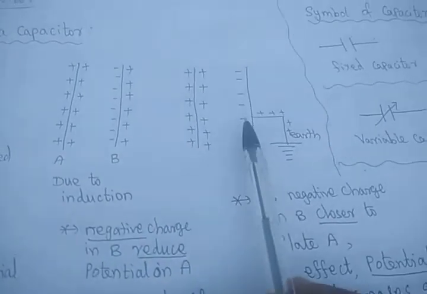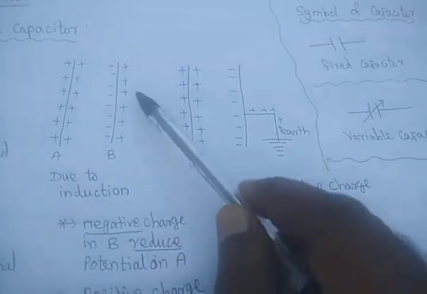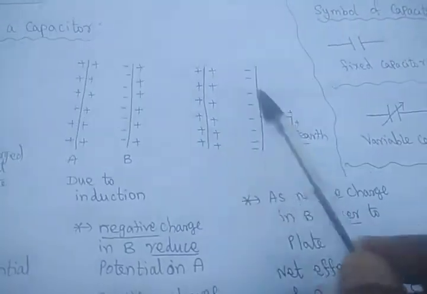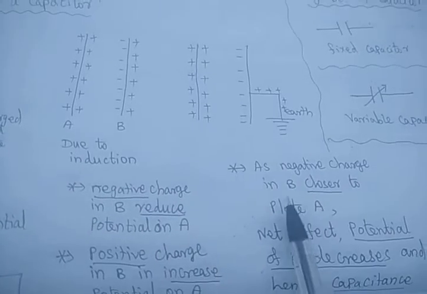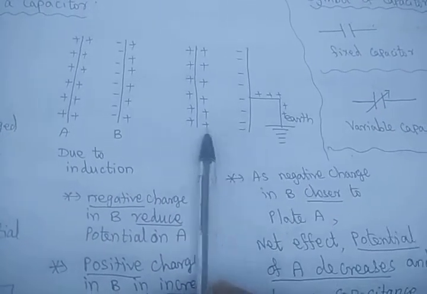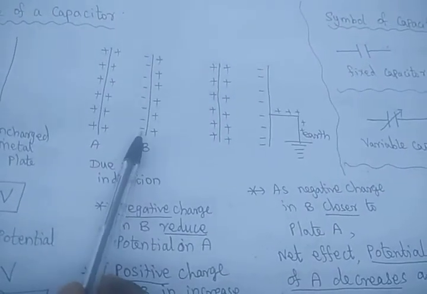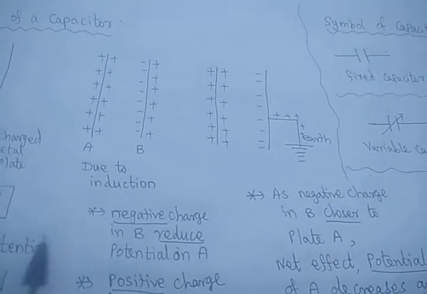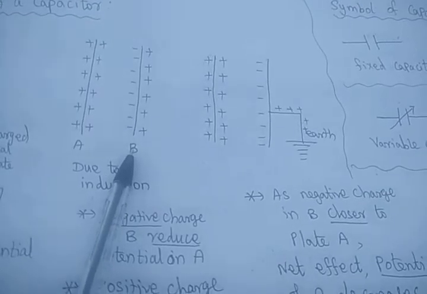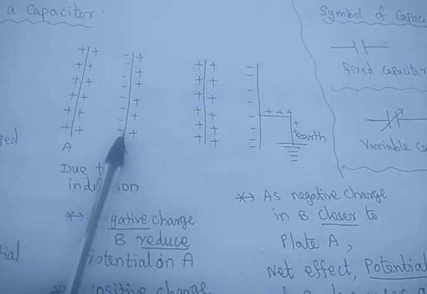Now the third step: we ground, that is earth, the positive charges of plate B. Then we have only negative charges on B. The negative charge of plate B is very close to plate A, but the positive charge of plate B was farther away than the negative charge.